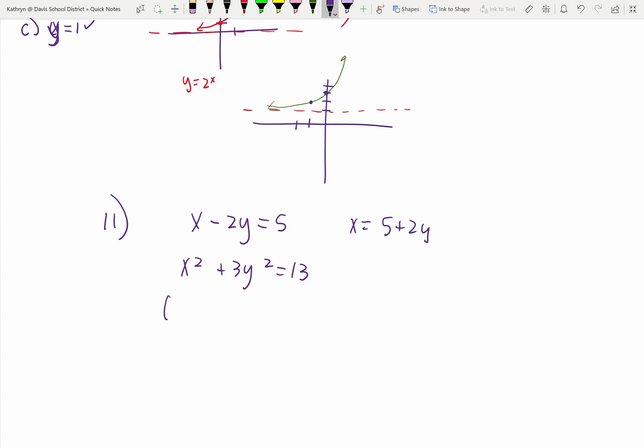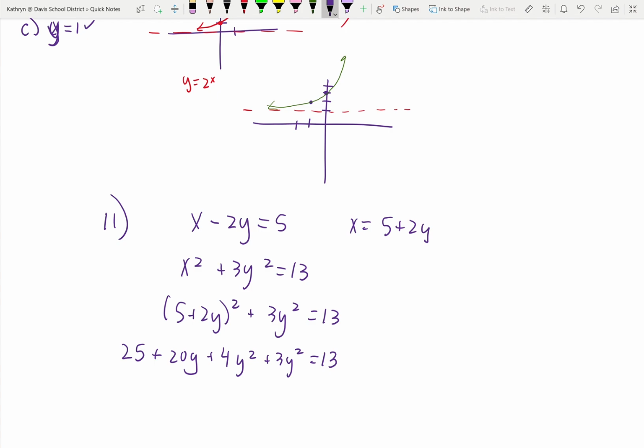Put that right there. So you have (5 plus 2y) squared plus 3y squared is equal to 13. FOIL that out, and you get 25 plus 20y plus 4y squared, plus 3y squared is equal to 13. I didn't have a 13 on the right side, that's what I did.